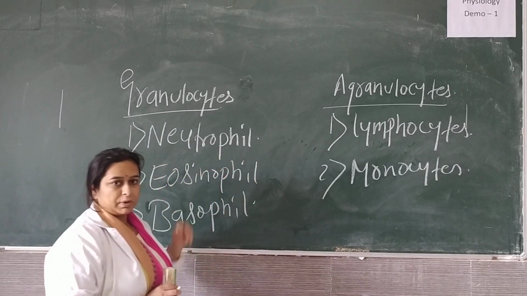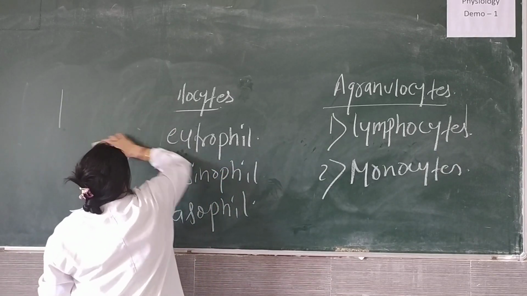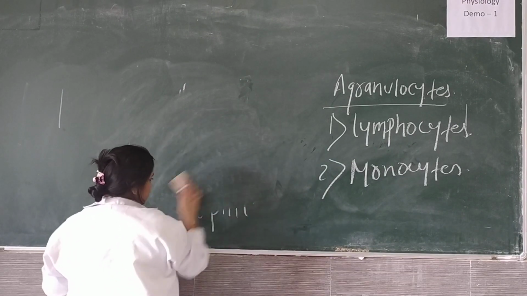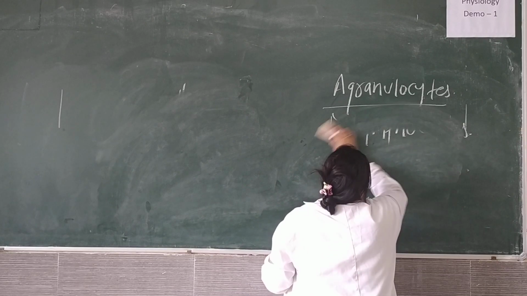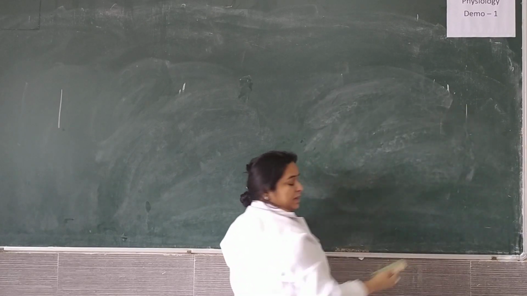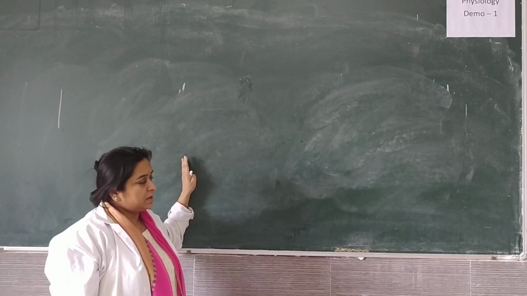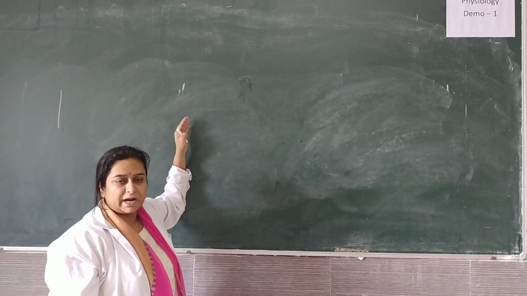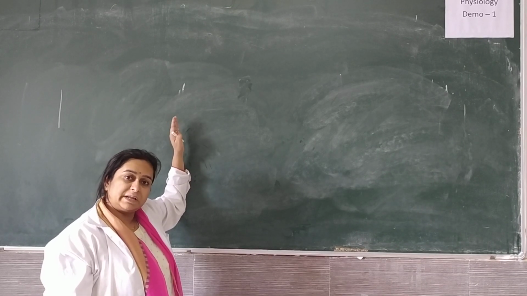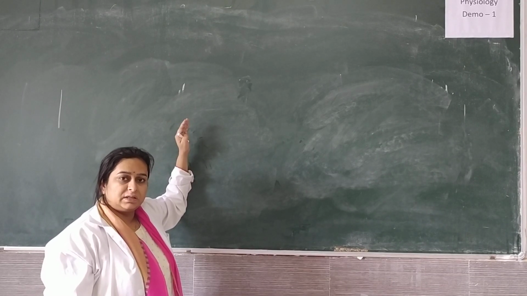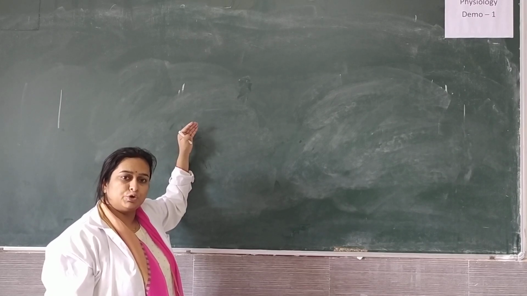Now first we will talk about neutrophil. Now, why these names neutrophil, eosinophil and basophil? Depending upon the staining properties of these granules, we have named them into categories of neutrophil, eosinophil and basophil. The granules of neutrophil take both acidic and basic stain, so we name them neutrophil.